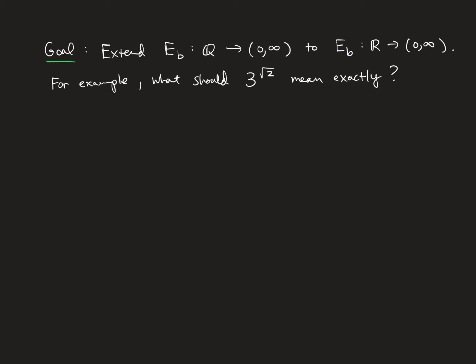So in high school, probably in pre-calculus, the way you would have discussed this b to the x function is, you would have graphed it for some rational values. You take b and raise it to some rational values, and you get points plotted. And then you would just connect those points and say, oh, okay, so this defines the graph of b to the x.